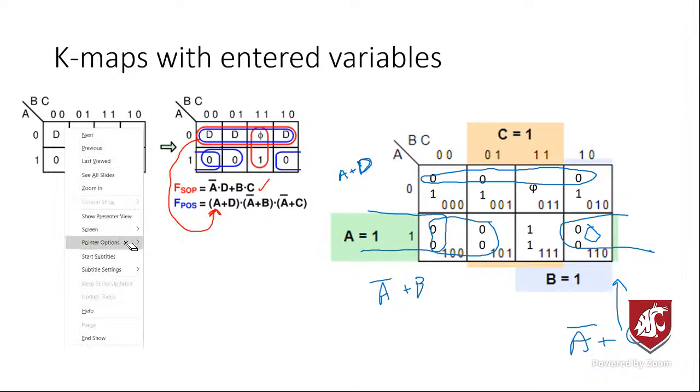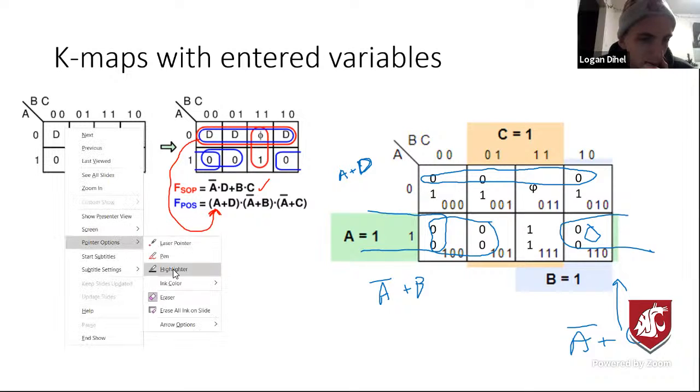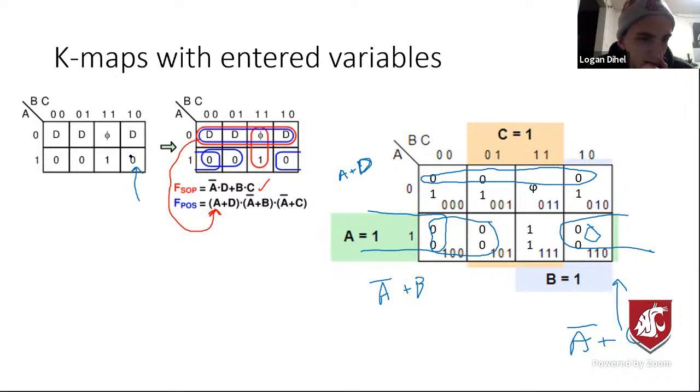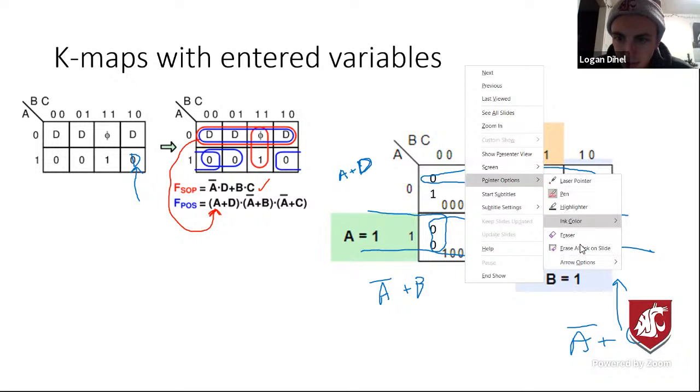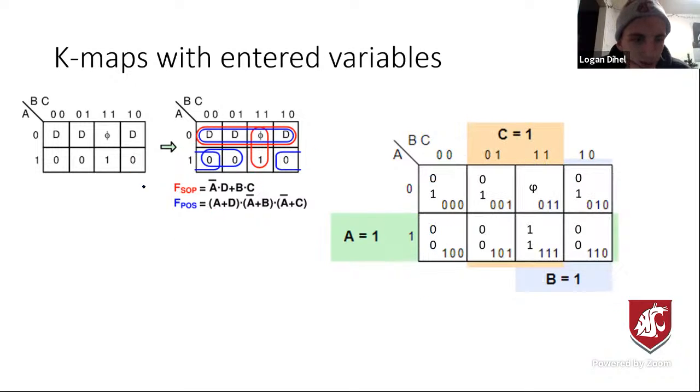Okay. So if this is a D right here, then this would be a 0 and this would be a 1. Let me just start over here. So this is a D, right? So this would be a 0 and this would be a 1 down here.